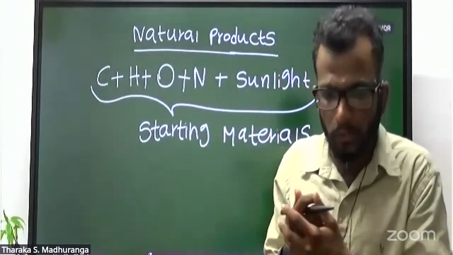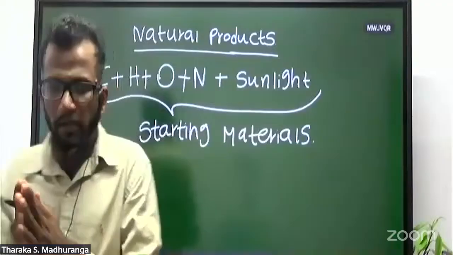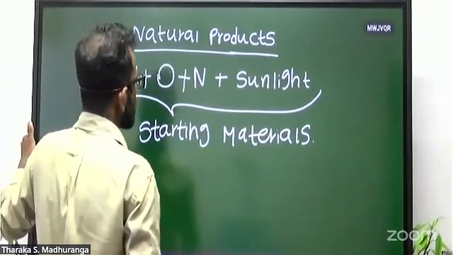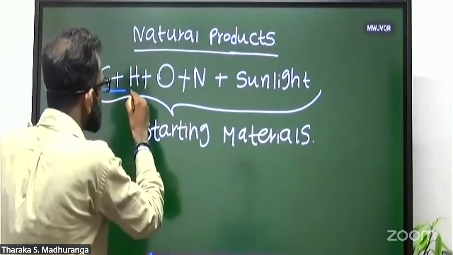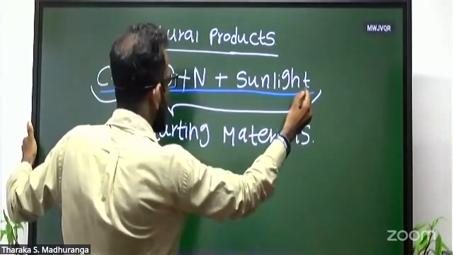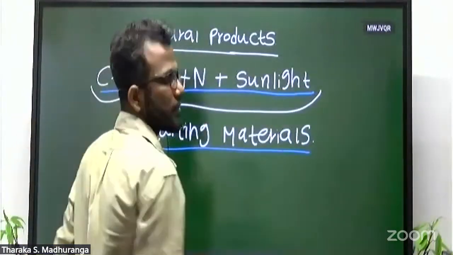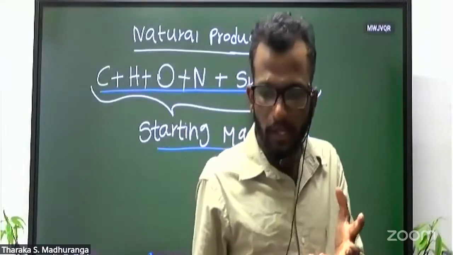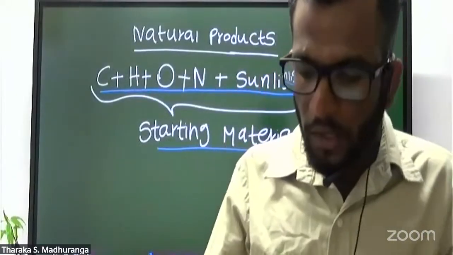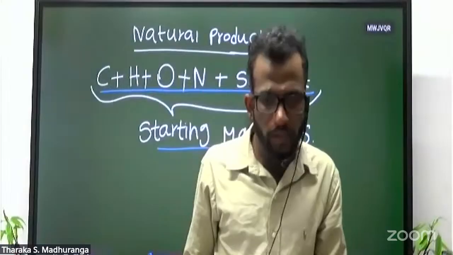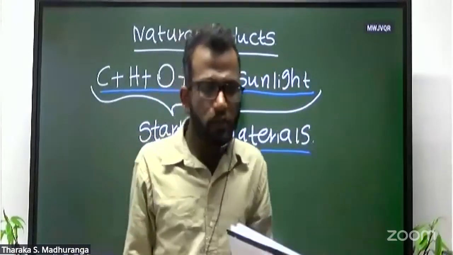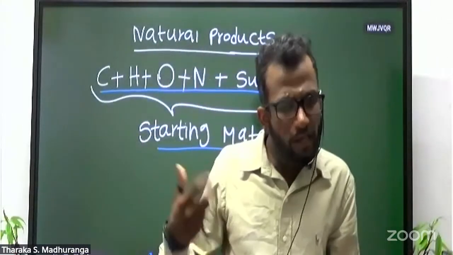These words are very important: carbon, hydrogen, oxygen, nitrogen, and sunlight as starting materials. As starting materials, organisms produce the natural compounds we call natural products.